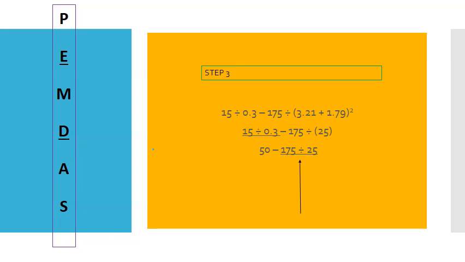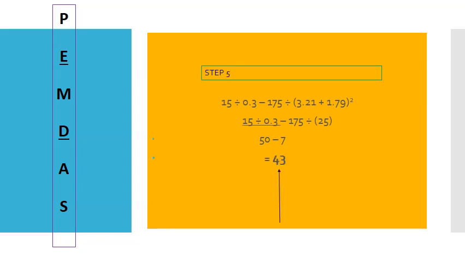We do our computation and we come up with 7. So 175 divided by 25 is 7. We're left with any addition and subtraction that's left in the problem. Well, we don't have any addition. The only thing we do have is subtraction, which is 50 minus 7, and our answer is 43.